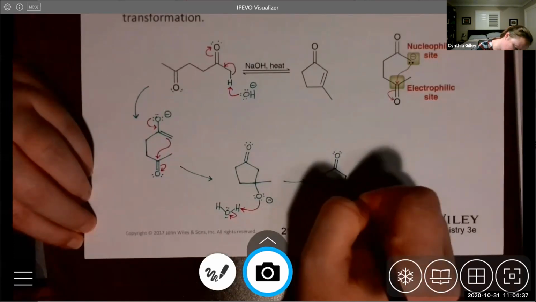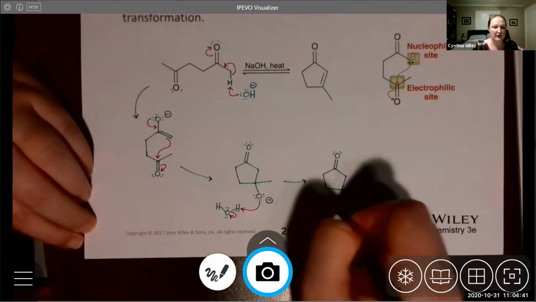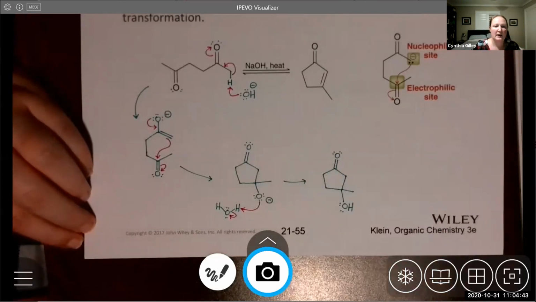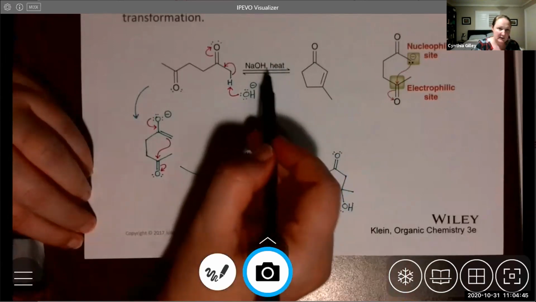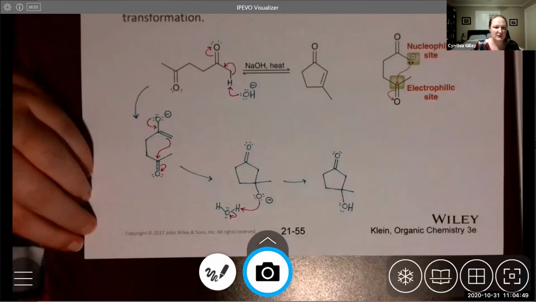And now we're at the aldol addition product. And because we're heating it, we don't stop there, and we go on to do the second part of the mechanism, which is the condensation.